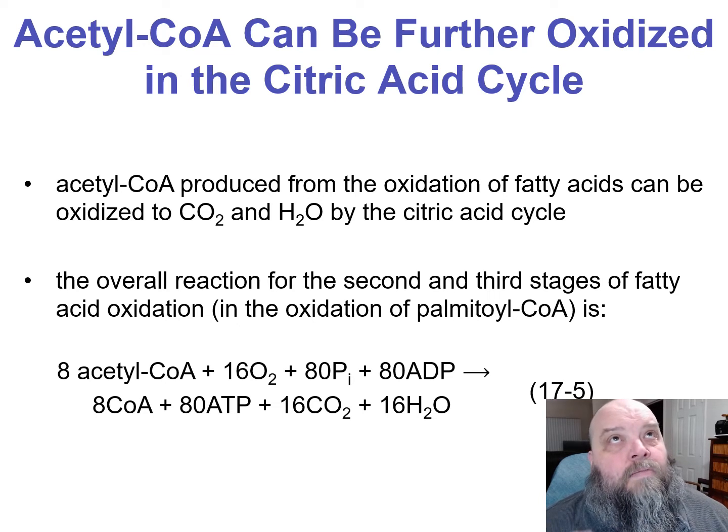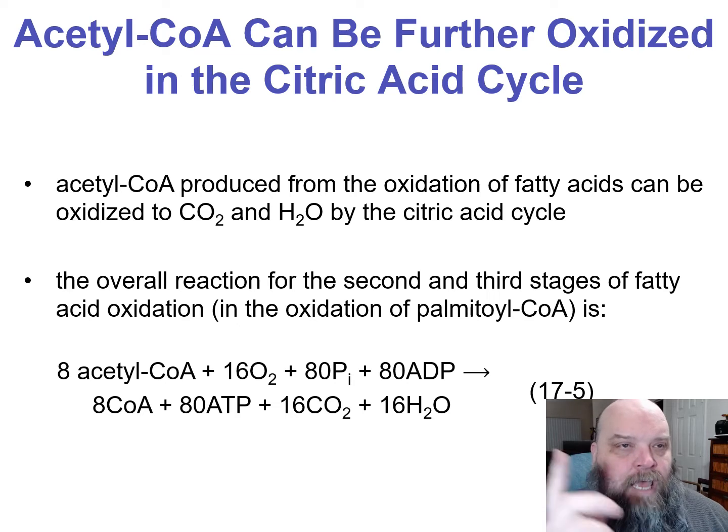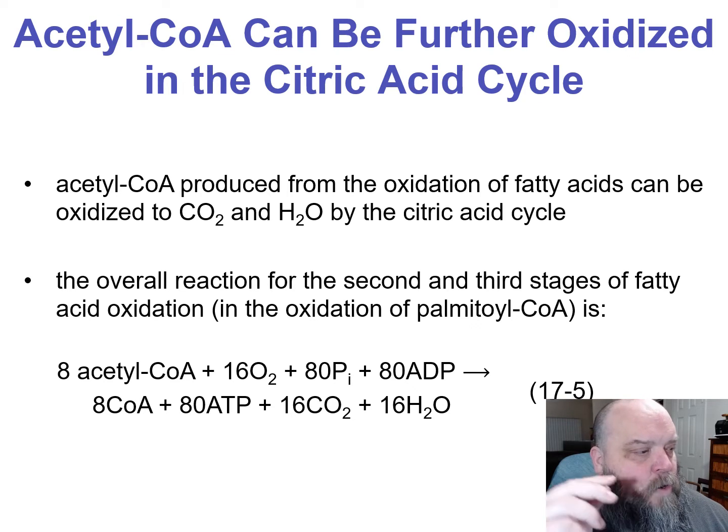So, fatty acids are going to be transported, carnitine transport, into the mitochondria, where they're then going to be beta oxidized, having a coenzyme A attached to the carboxyl end, and then cut, add another CoA, cut, another CoA, cut.